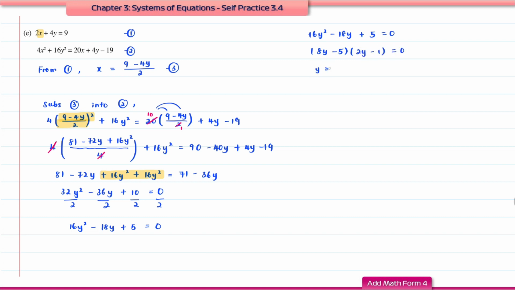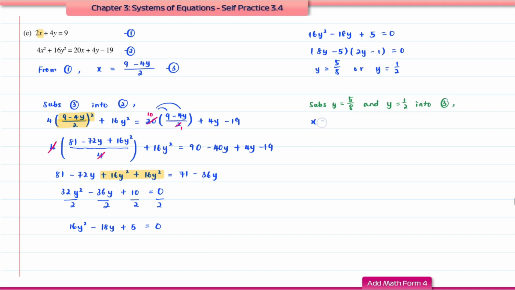Alright, so here you're going to have y equal to 5 over 8, or y is equal to 1 over 2. Now we're going to substitute these two y values that we found into equation 3.